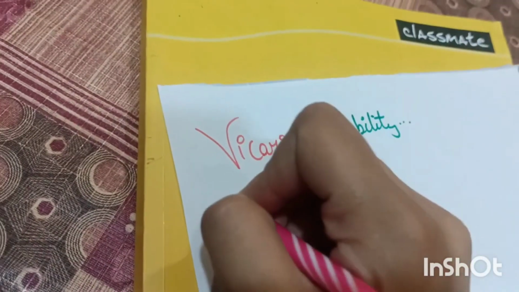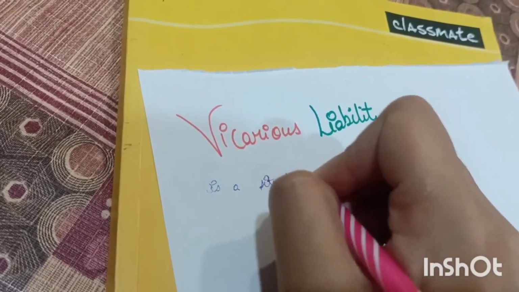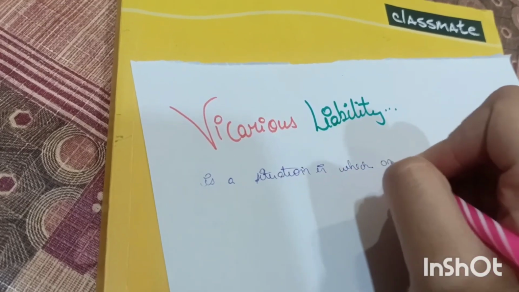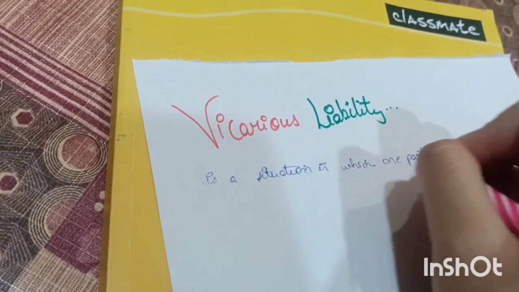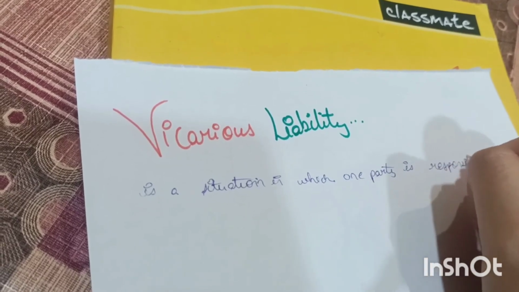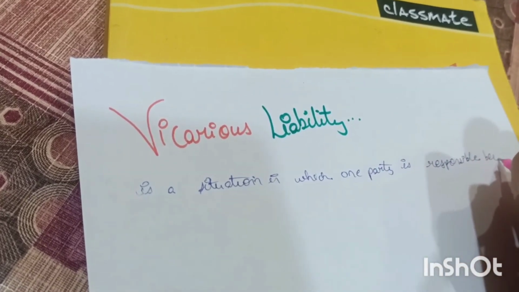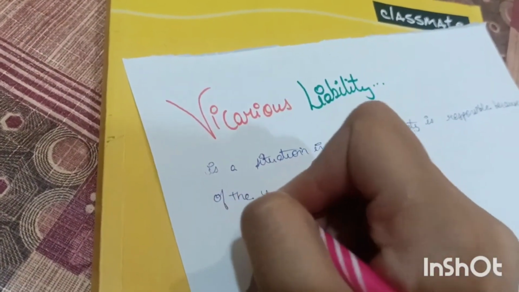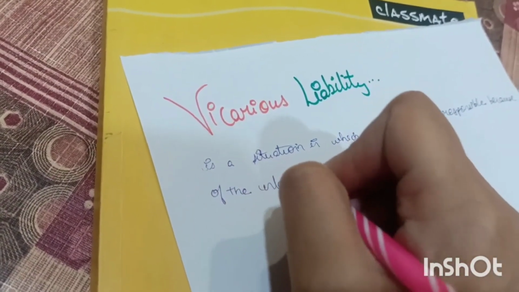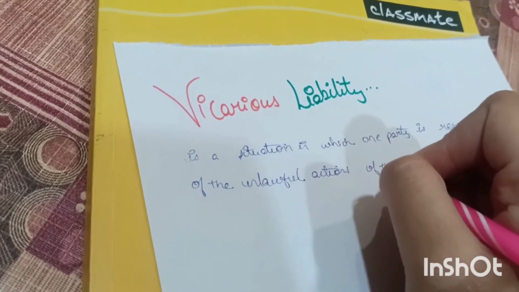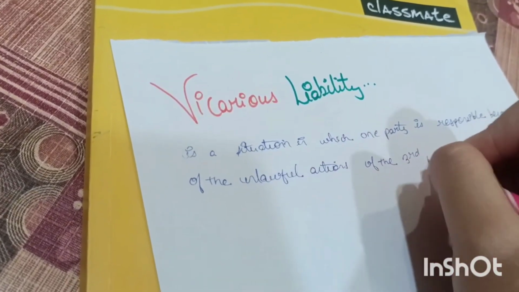You can write, it is a situation in which one party is responsible because of the unlawful actions of the third party.